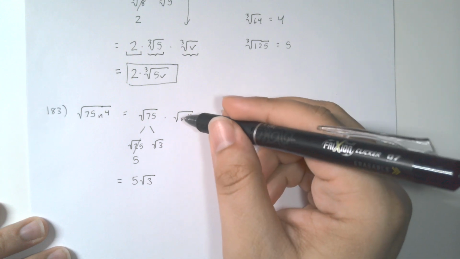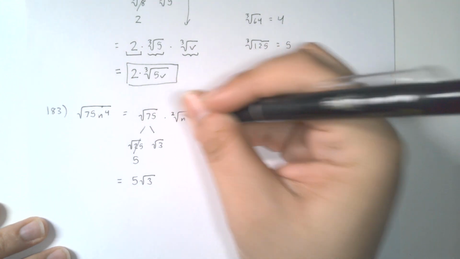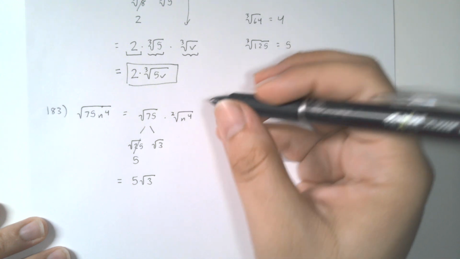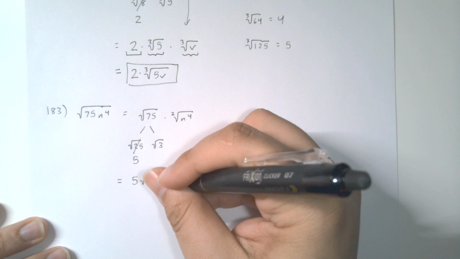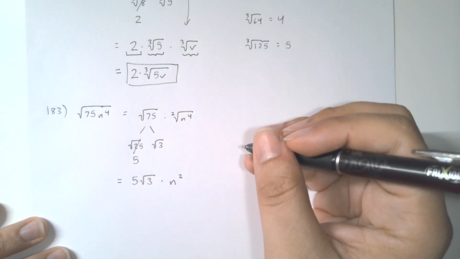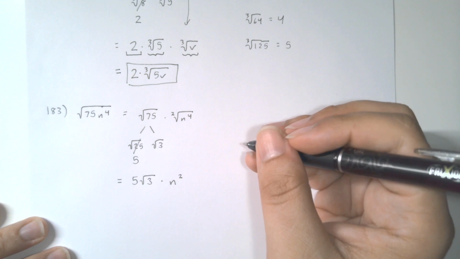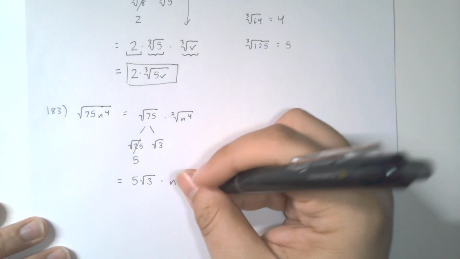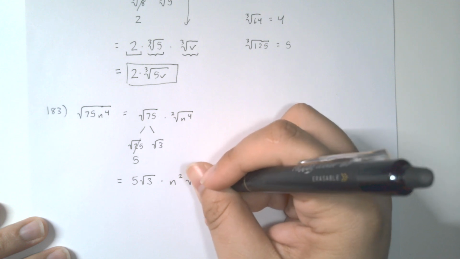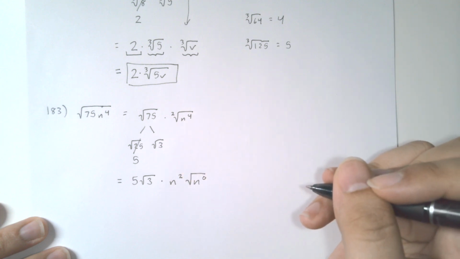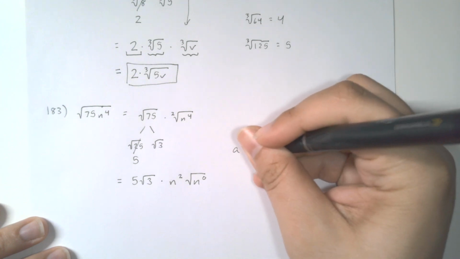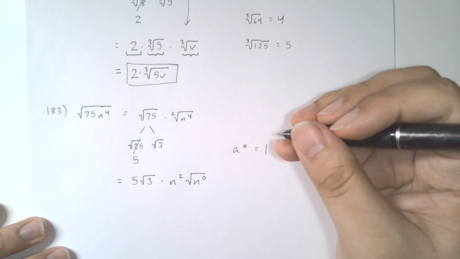And over here, we ask ourselves, again, this is an implicit 2 for our index. How many times does 2 go into 4? Well, 2 goes into 4 twice. So that's going to be n squared. But we don't have a remainder. And when we don't have a remainder, we don't have to put, I guess you could put times the square root of n to the 0th power, but we don't need to do that because anything to the 0th power is 1.